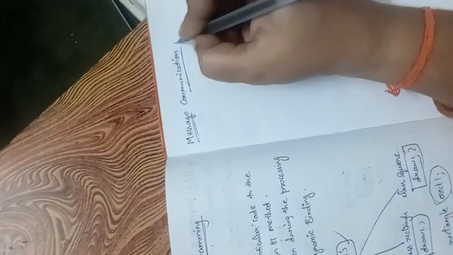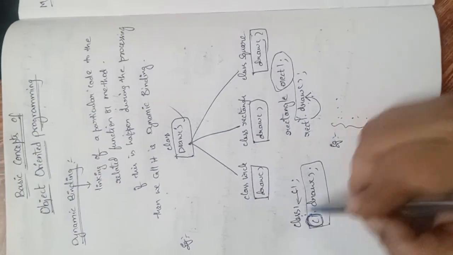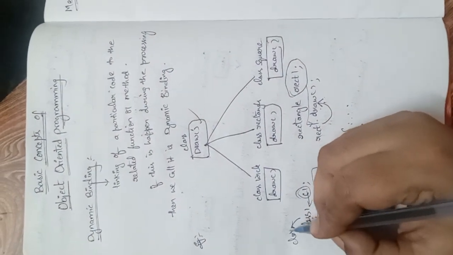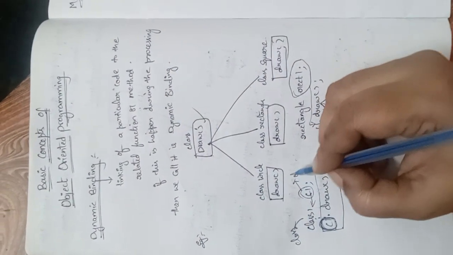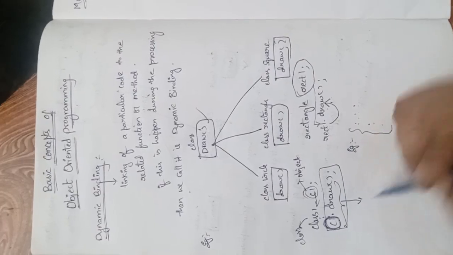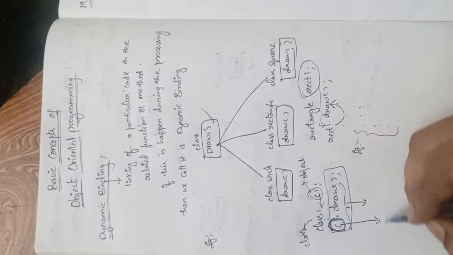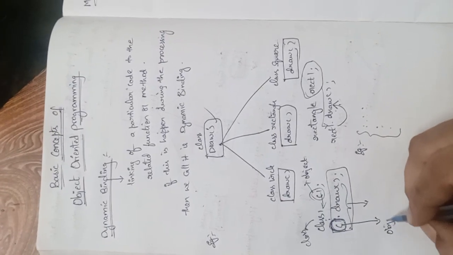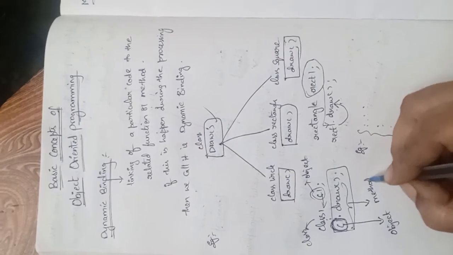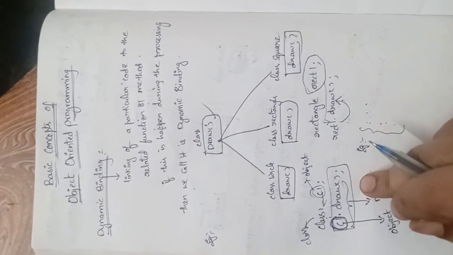In the previous example, here this is the class name and this is the object, right? Here what we specified? We specified the object using the method, right? Like this.